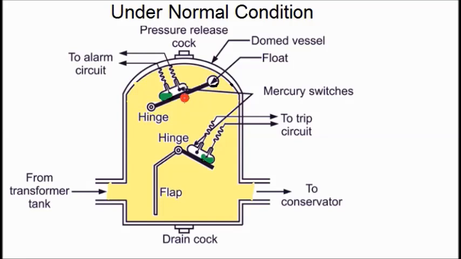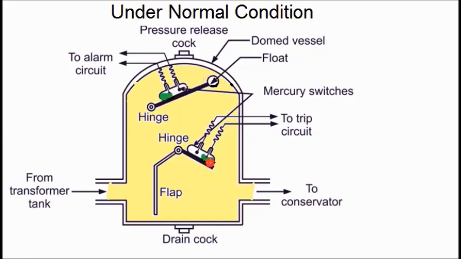So under normal condition, the inner portion of the Buchholz relay is filled with transformer oil, and due to this filling, the float remains in such a position that these 2 points do not come in contact via the mercury in the mercury switch. Again, the trip mercury switch remains in an inclined position due to the presence of transformer oil in the Buchholz relay.